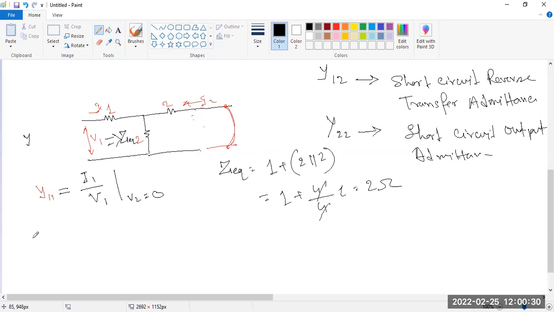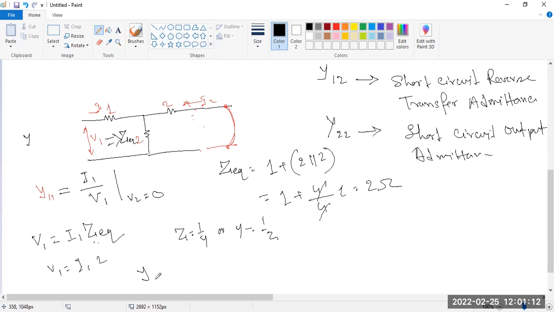So we know that V1 equals I1 times Z equivalent, and Z equivalent equals 2 ohm. Look, this is not Y, this is Z. Y is 1 by Z. So if we go for this equation, it becomes 1 by 2.